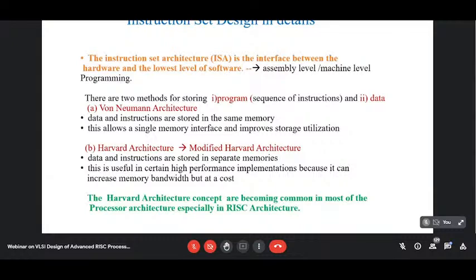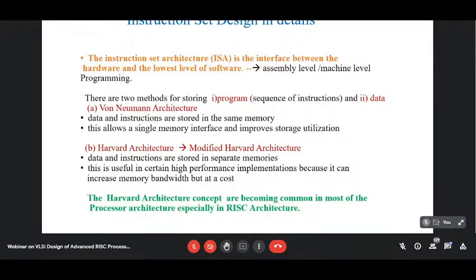Because program and data are stored in different memories. For example, if we require the data and program to be fetched at the same time, there will be a clash in the von Neumann architecture. You have to give priority either to instruction or to data. Whereas in the Harvard architecture, they are totally separate, so that will be much faster.